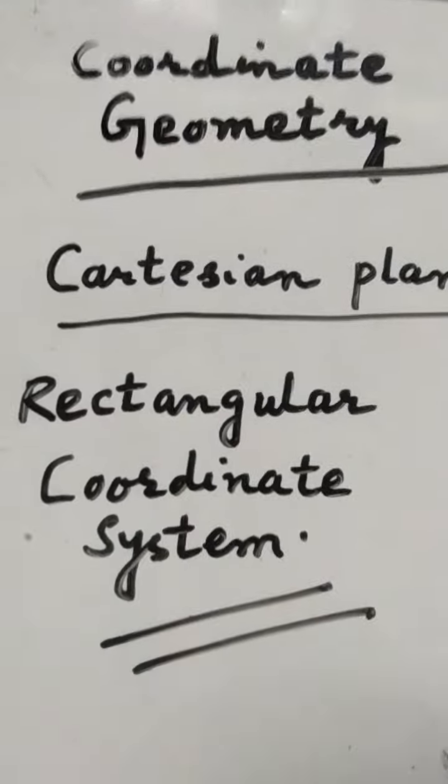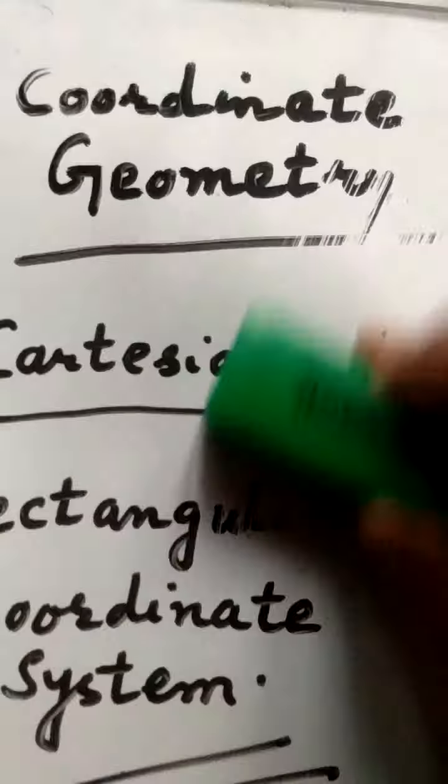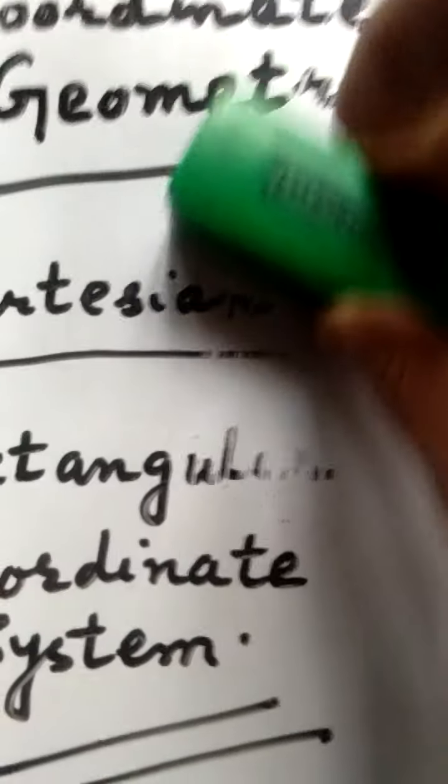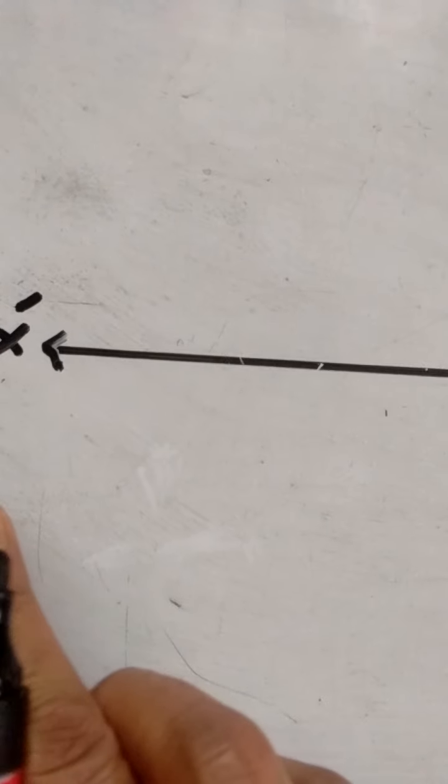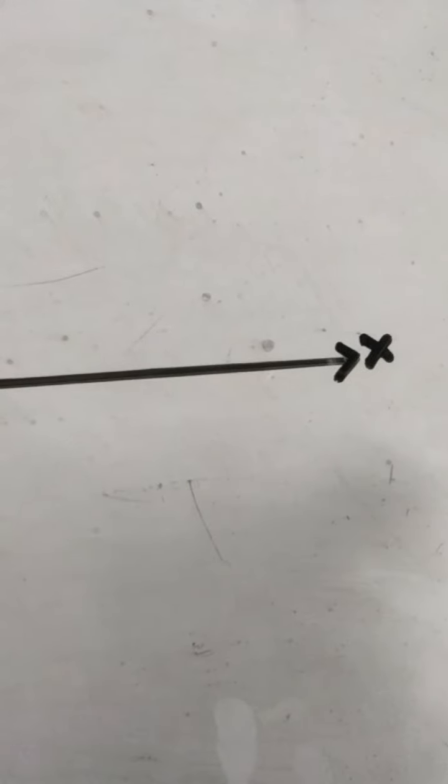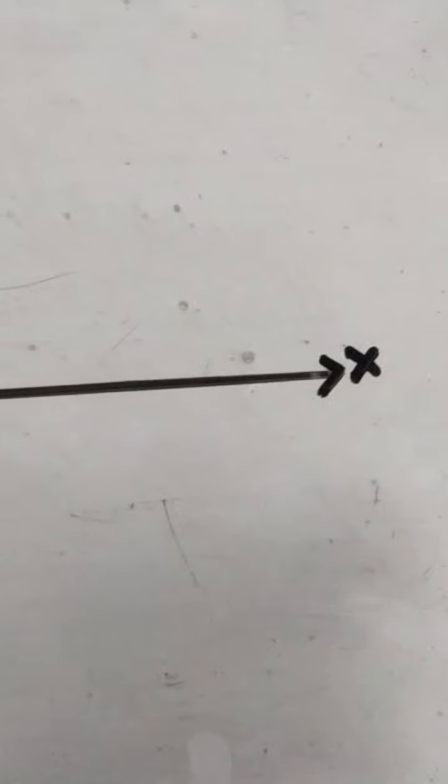Dear students, first and foremost for this, here I have drawn two lines. One is x dash x, and it is read as x-axis.